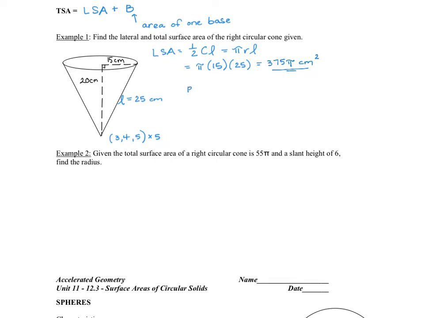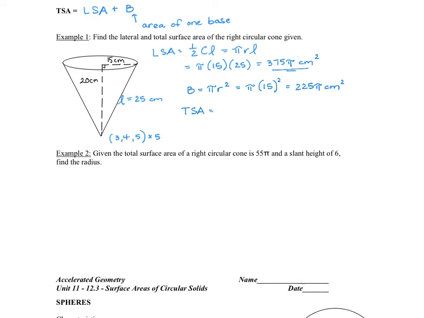To find the total surface area, we'll also need the area of one base, which I can find by taking pi r squared. Again, the radius of the base is 15. 15 squared is 225. So 225 pi centimeters squared is the exact area of the base.